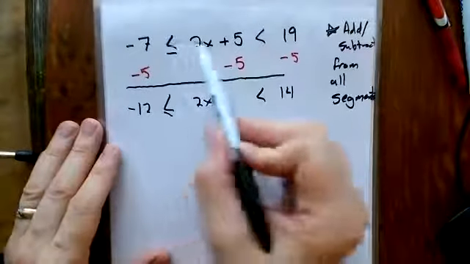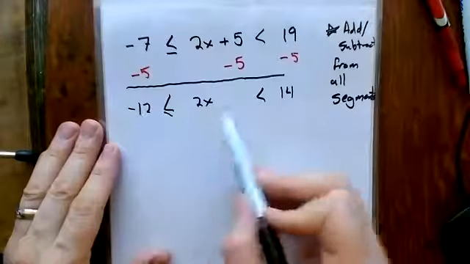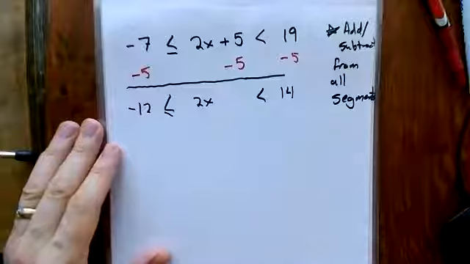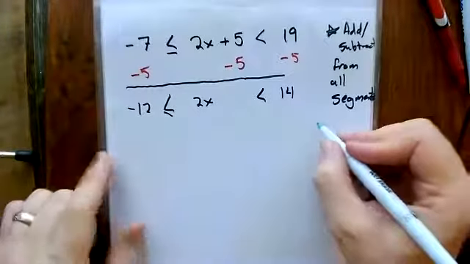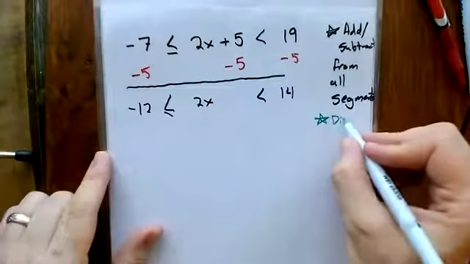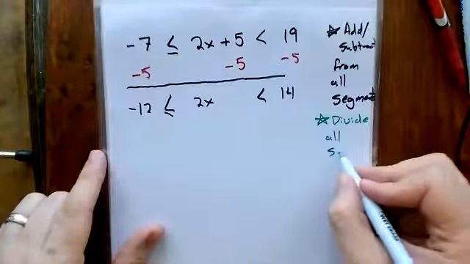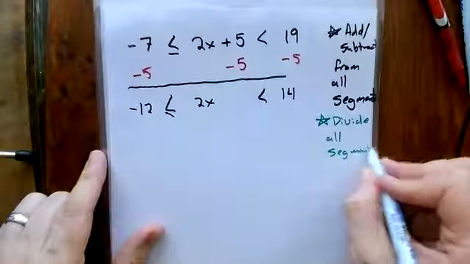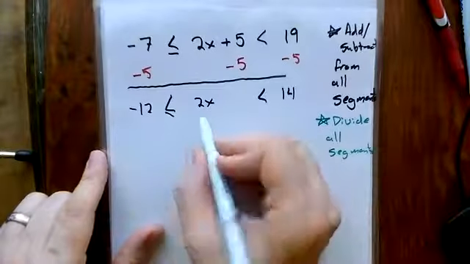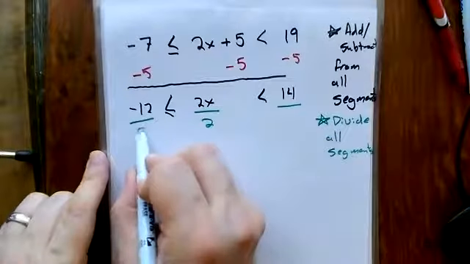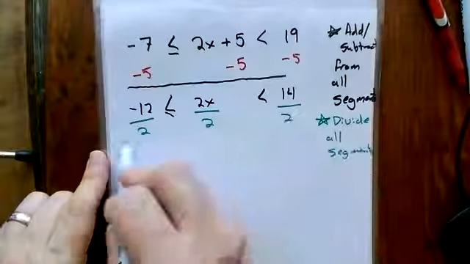Here I've got 3 segments, and I end with 3 segments here. Now I'm going to divide all the segments, everything here, by 2.